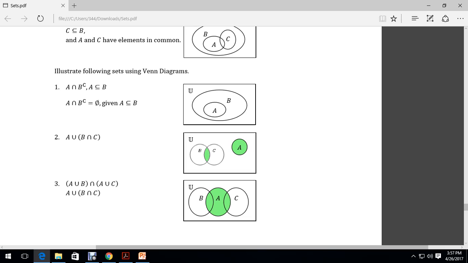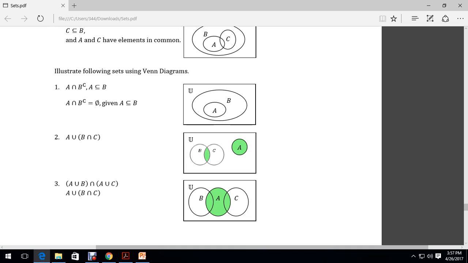So, for example, if you have number 2, what is asked here is you will get the union between a set A and the intersection between B and C. Now, since B and C are of priority, since they are written down inside parentheses, taking the intersection between B and C using Venn diagrams, those elements in the intersection would be the shaded portion in between B and C. Now, since that is taken with the union with A, the combination of the union between A and the intersection of B and C would be the shaded portion between these two.